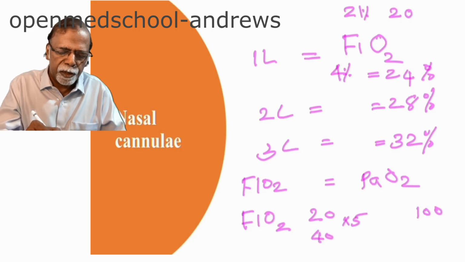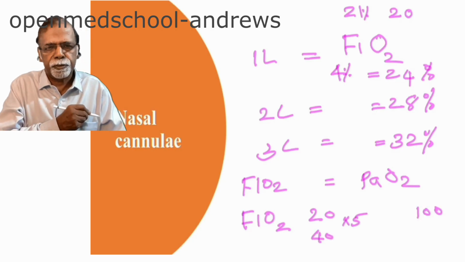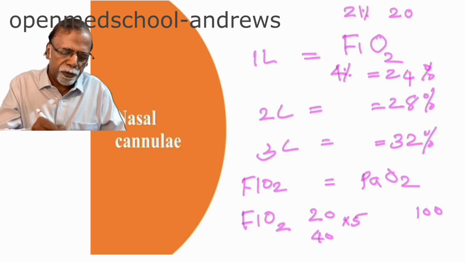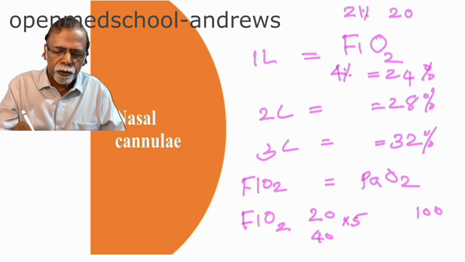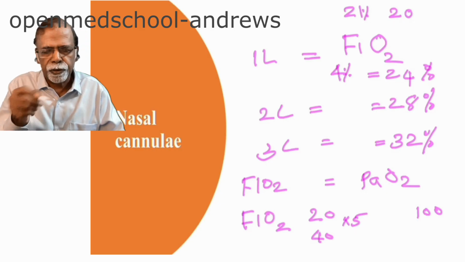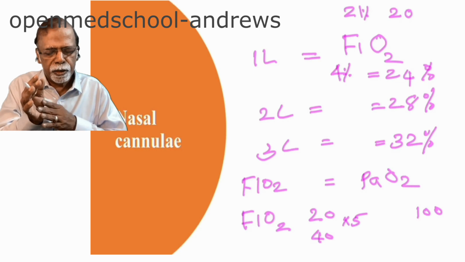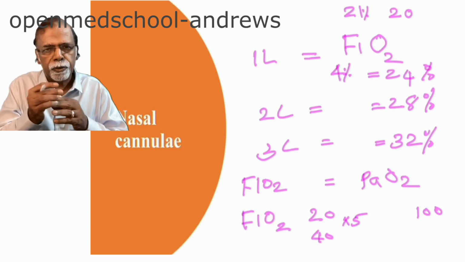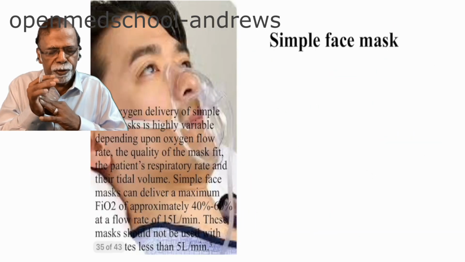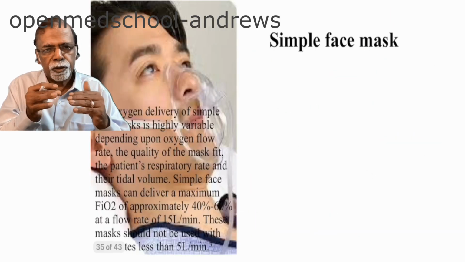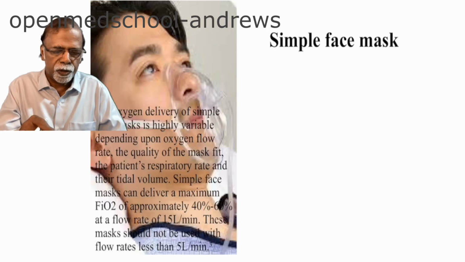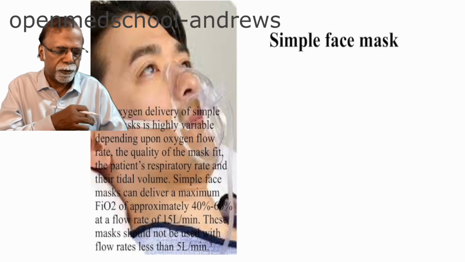So it's approximately multiplication by 5. So somebody has got FiO₂ 40%, 40 into 5, it will be around 200. It is not exact value, it is an approximate value. So this is how you try to find out what must be the PaO₂ when the inspired oxygen FiO₂ is high, or you are supplementing patient oxygen.